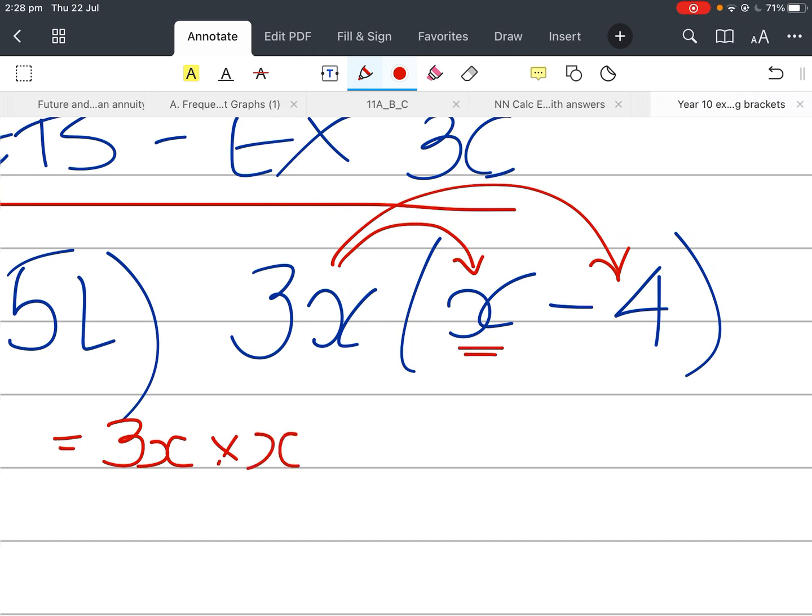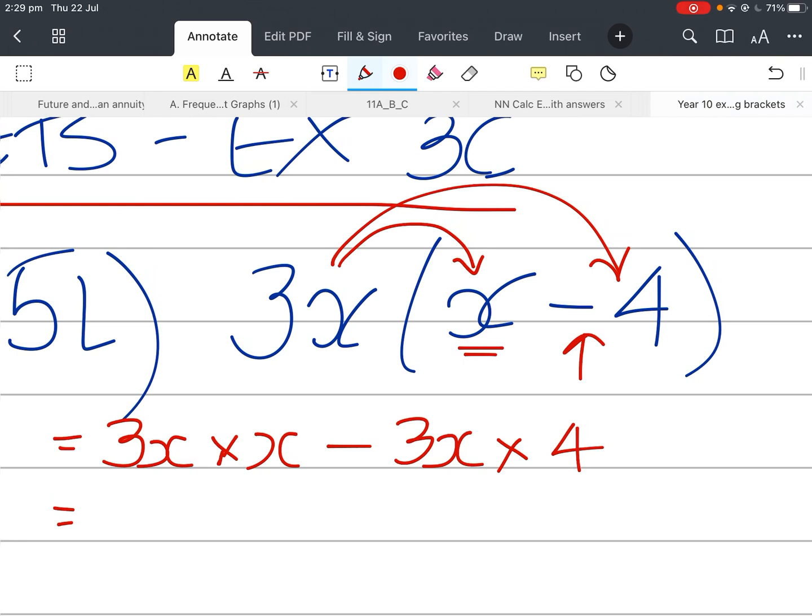That's x. Now in between is a negative. So I'm going to write down a negative in between those terms. Rewrite the first term outside the brackets, the 3x again, and then times 4. Now, if you've written down that negative already, you don't need to write it down again, okay? Once is enough.